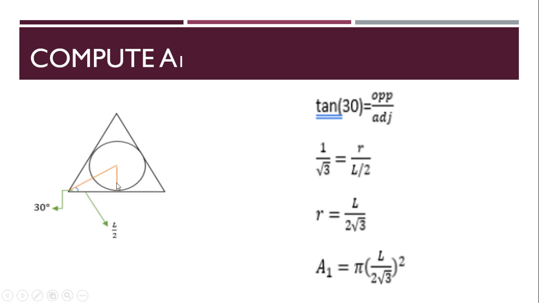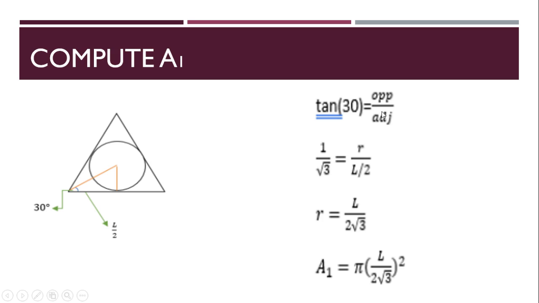Since we know this is a 90, 30, 60 triangle, and we have R on this side and L over 2 on this side, we have to find a trig function that includes the R and the L over 2. We found that if we use tan of 30, tan is opposite over adjacent, opposite would be R and adjacent would be L over 2. So that's why over here we have tan 30 opposite over adjacent.